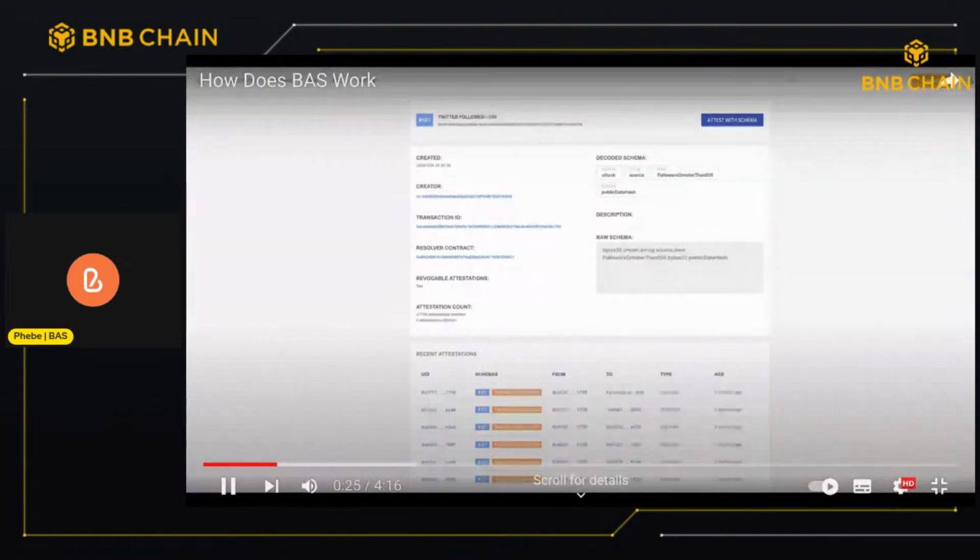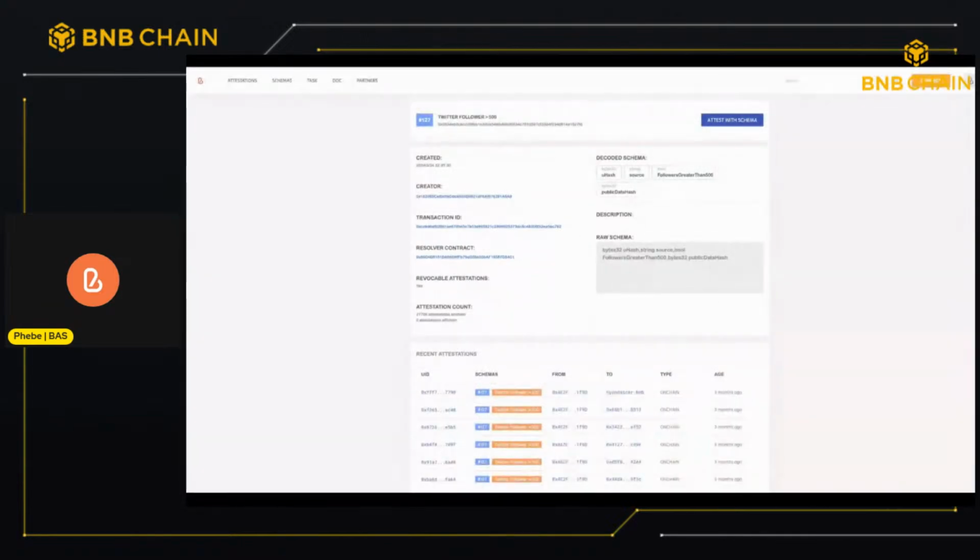In this example, the data structure is designed to prove that a certain X account has more than 500 followers. We can see the composition of its data structure, where the most important parts are the hash of the X account's UID and a Boolean value indicating whether it has more than 500 followers. With such a data structure, we can determine whether this X account has indeed exceeded 500 followers.